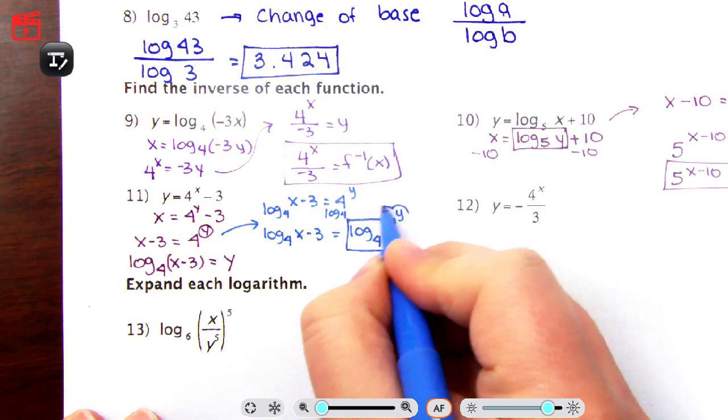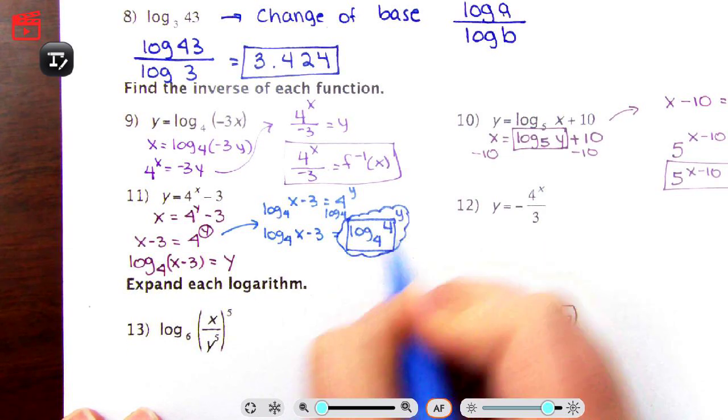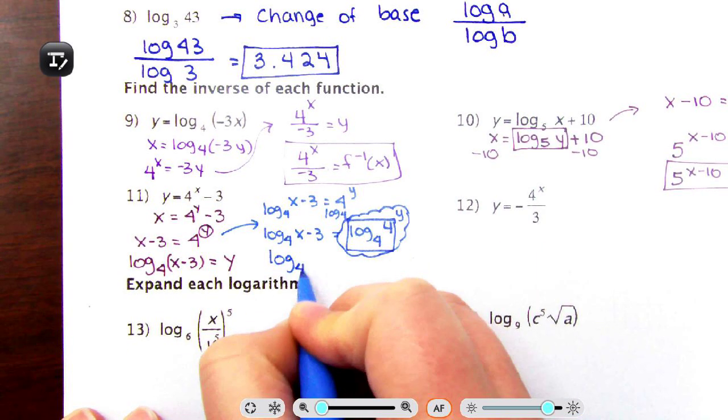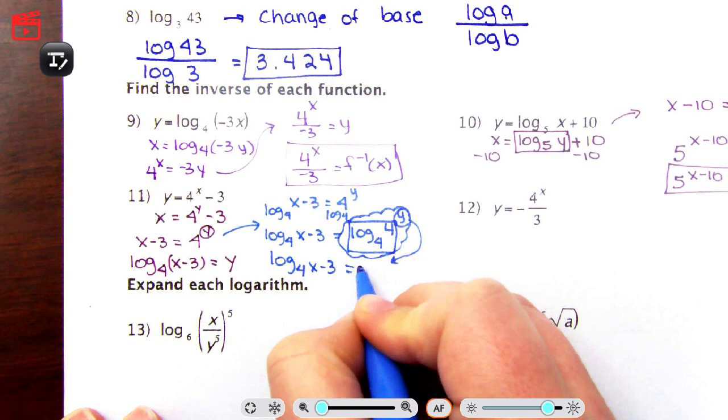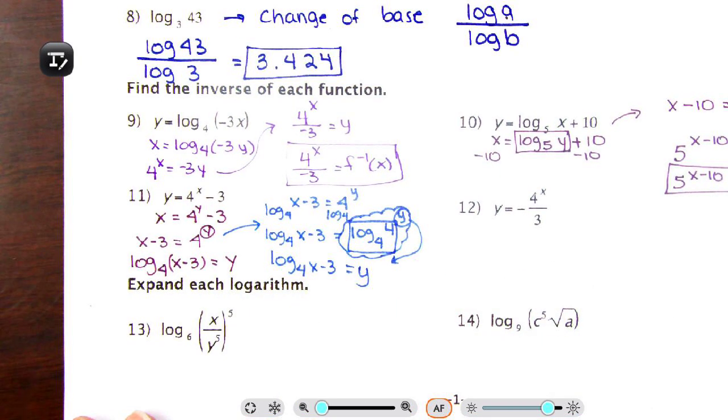This whole thing is now equal to the exponent, which is y. Both ways give you exactly the same thing. I tell my kiddos, you are using the property by using the definition. So what does it mean to be a logarithm? Convert that, and then you are using that property.